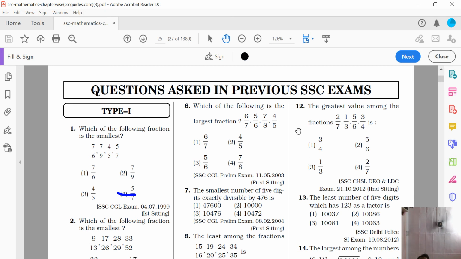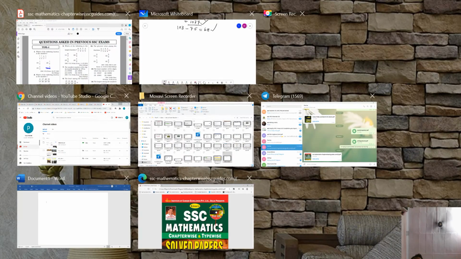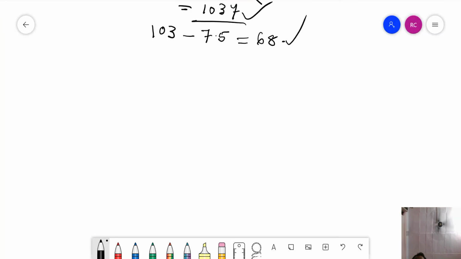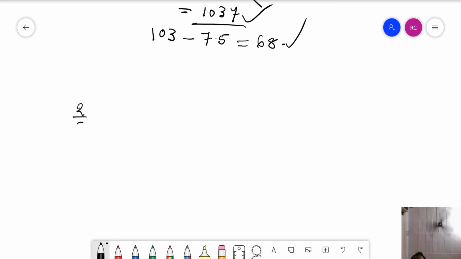Sum number 12 says, the greatest value among the fractions 2 by 7, 1 by 3, 5 by 6, and 3 by 4. So we have 2 by 7, 1 by 3, 5 by 6, and 3 by 4, right?